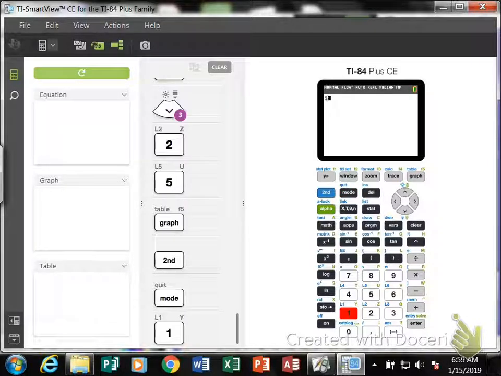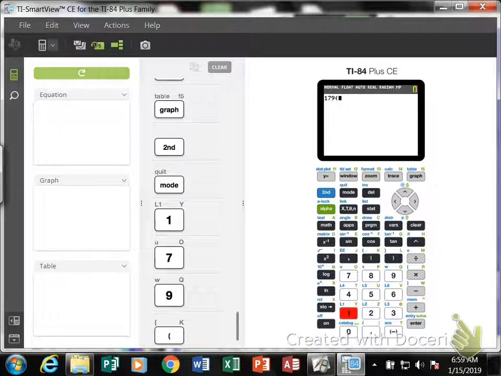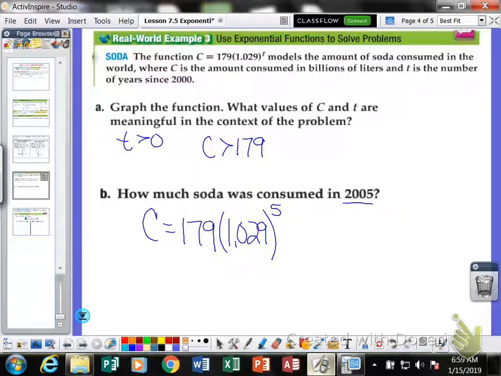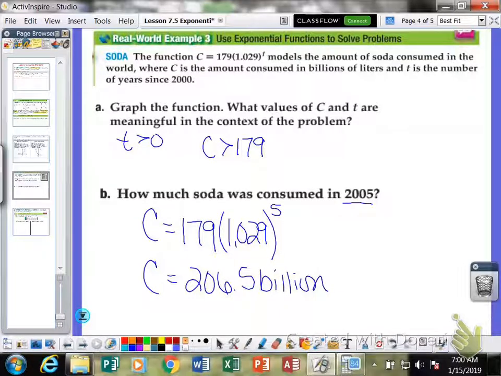And then it's 179 times 1.029 raised to the power of 5. And we get 206.5 billion liters for our answer here. So c equals 206.5 billion liters, and that's how much is consumed.